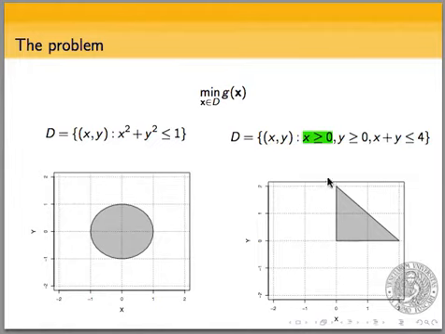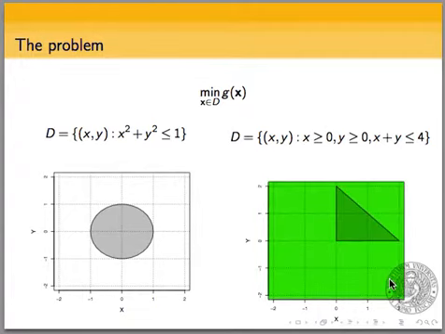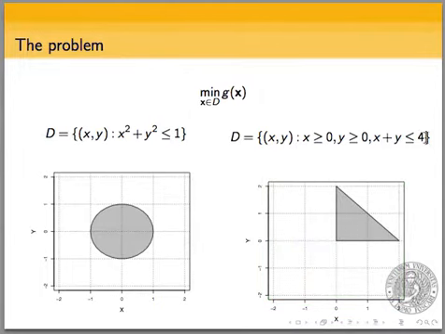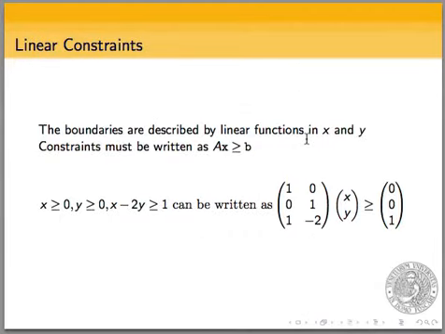It is a triangle, and this is called a linear domain because in order to define D, you are just using linear functions of x and y. And this is exactly the case that we will focus on in what follows. So remember, you must be able to describe your domain using linear functions in order to use constrOptim.